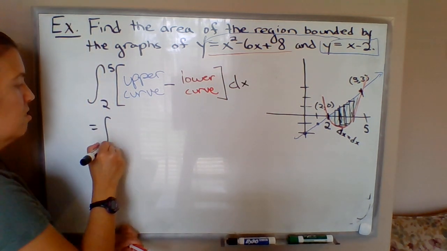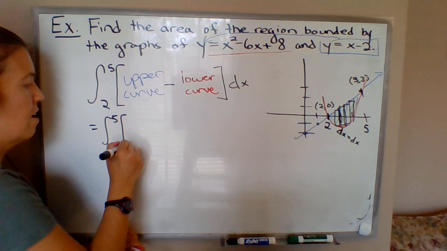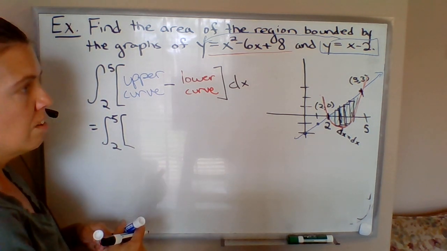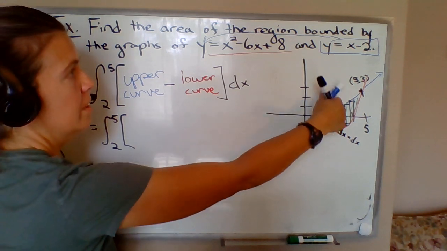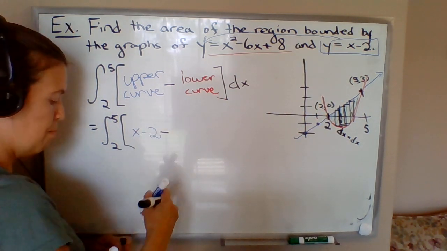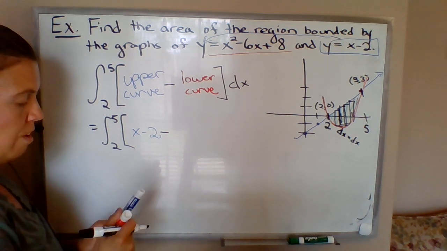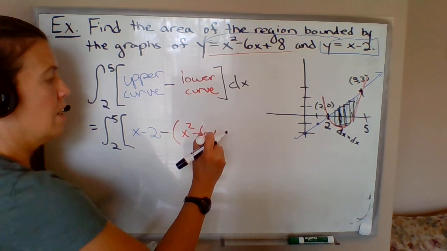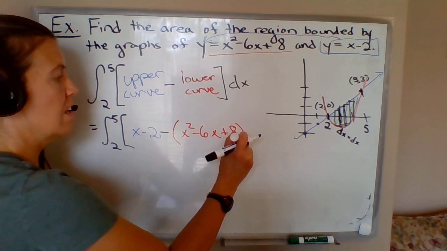So that's the integral from 2 to 5 of the upper curve, which is the line, x minus 2, minus the lower curve, which is the parabola, this quadratic expression x squared minus 6x plus 8.